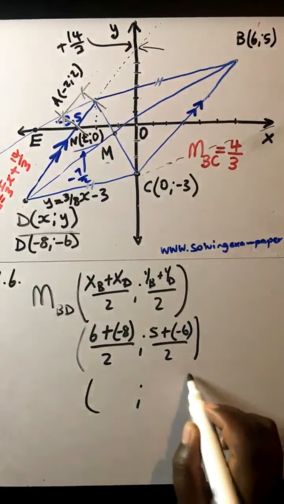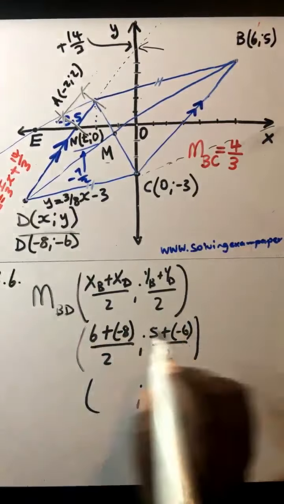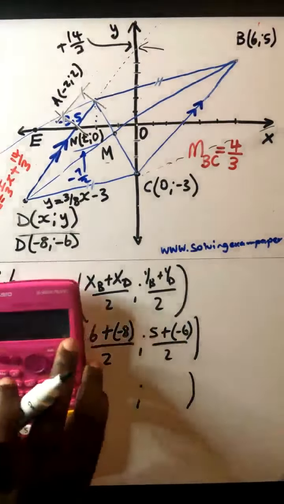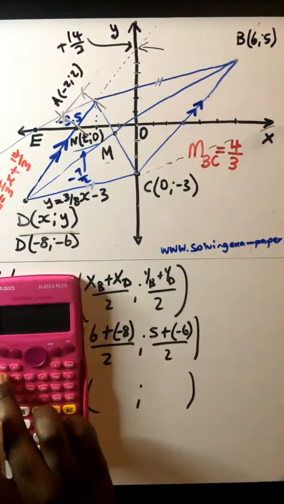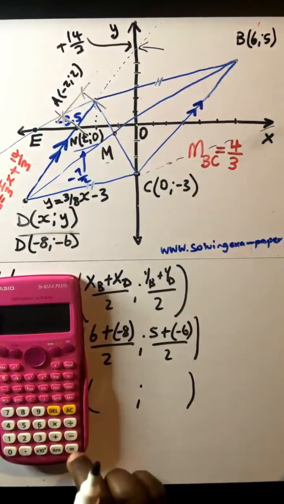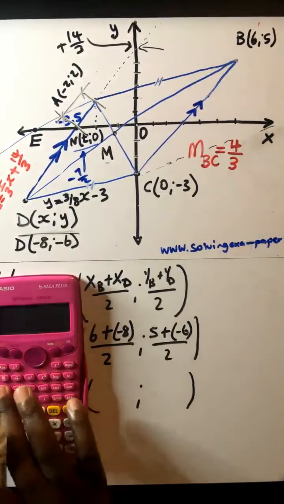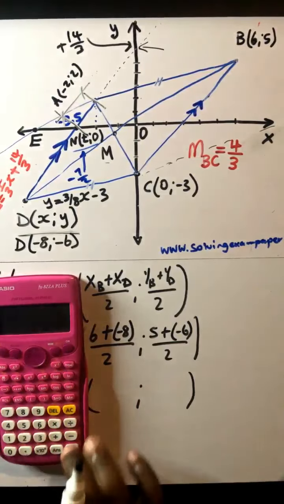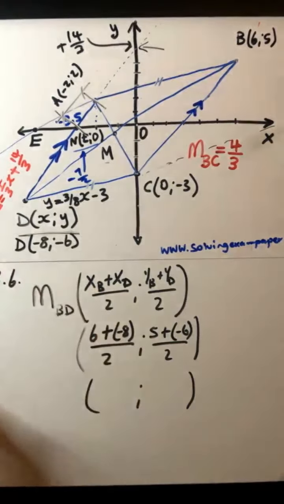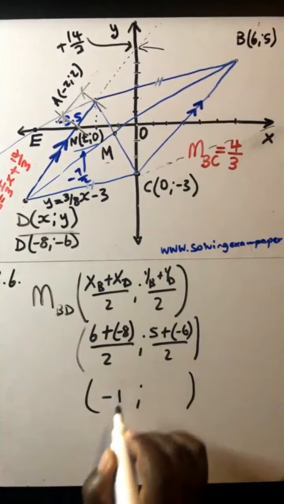So let's punch all of this and see what values we get. You start with a fraction button and say 6 plus -8, at the bottom it's 2. So I'm getting -1, ladies and gentlemen.